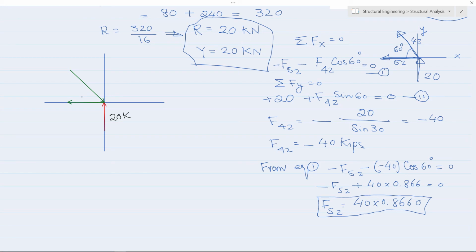Just 1 minute. 40 multiplied by 0.866 is 34.64. So this is 34.64 and this is 40.